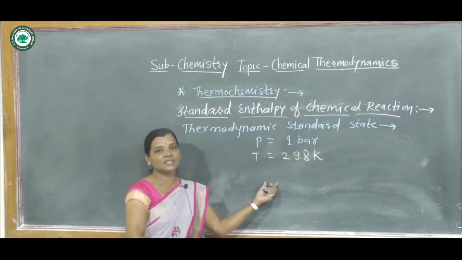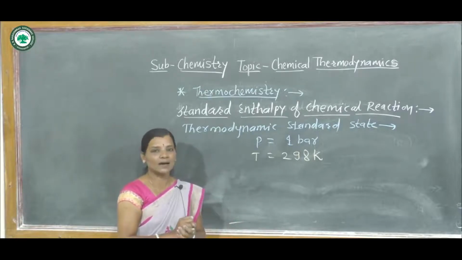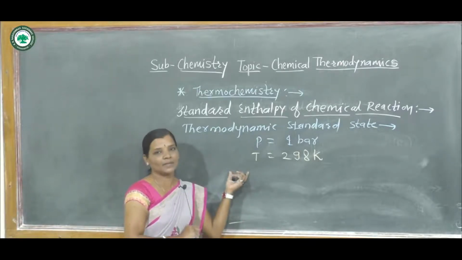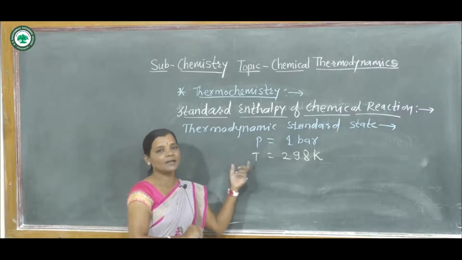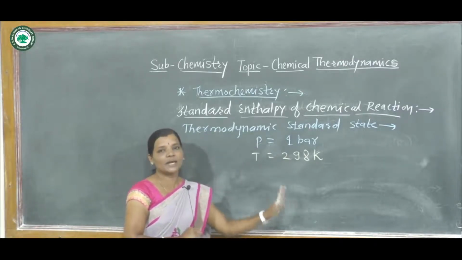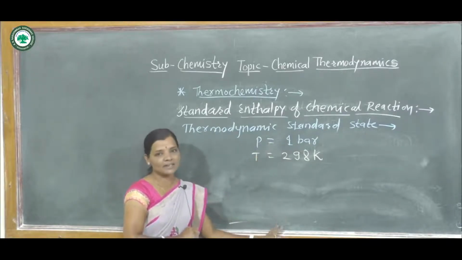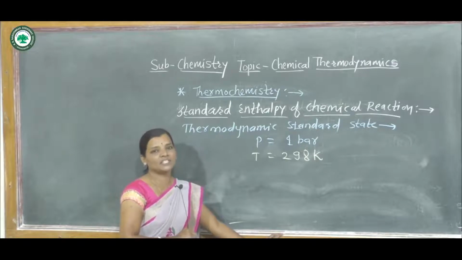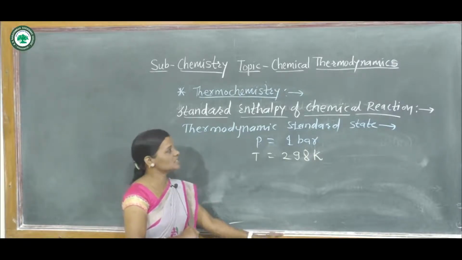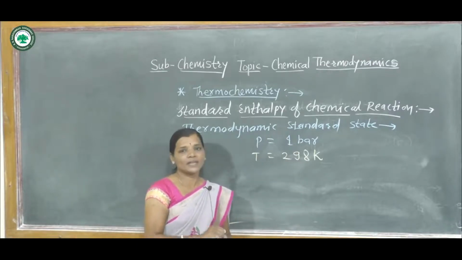That means the physical states of the particular reactants and products given in that chemical equation, when the chemical reaction occurs at pressure 1 bar and temperature 298 Kelvin, are called standard states, and the enthalpy change for such reactions is said to be the standard enthalpy of chemical reaction.